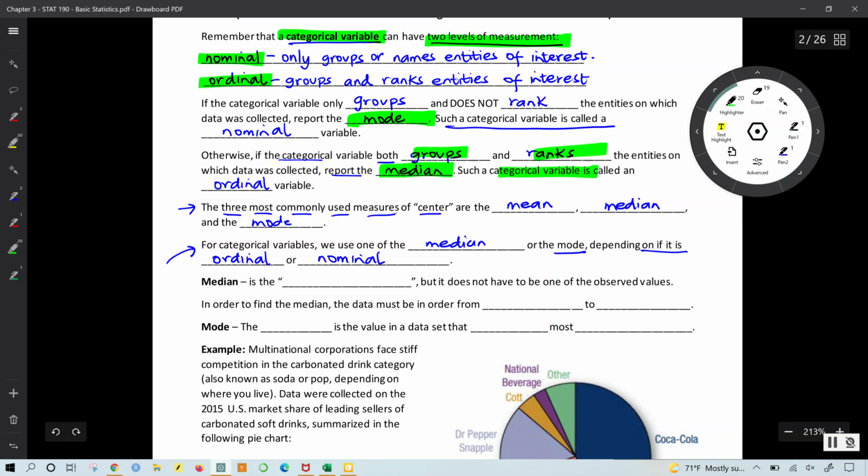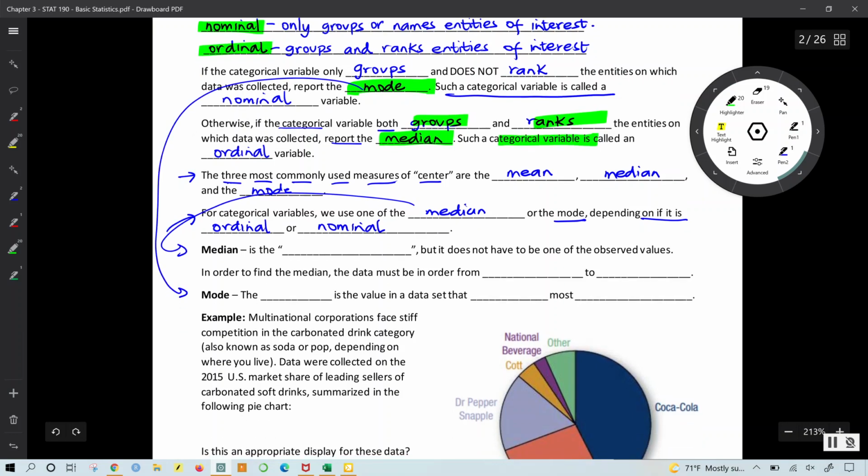So, time to talk about the median and the mode in full detail. We'll also consider situations in which it is appropriate to report the median and the mode as typical values of a categorical variable. To emphasize, whenever you have a categorical variable, you do not ever use the mean. We only use either the mode or the median as the typical value, and we will consider examples.